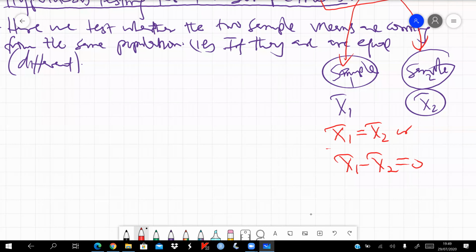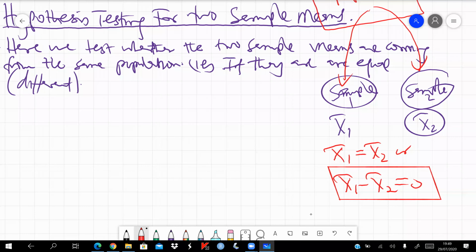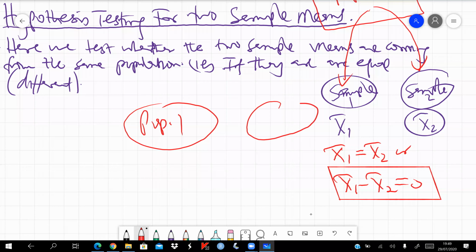And this is basically what we are trying to test, whether X bar 1 minus X bar 2 is equal to 0. But the hypothesis, as you know, we don't use X bar in the hypothesis definition. So we assume that they are coming from different populations. So the assumption here will be, we have a population 1 and we have another population 2. And from here we get X bar 1 and here we get X bar 2.